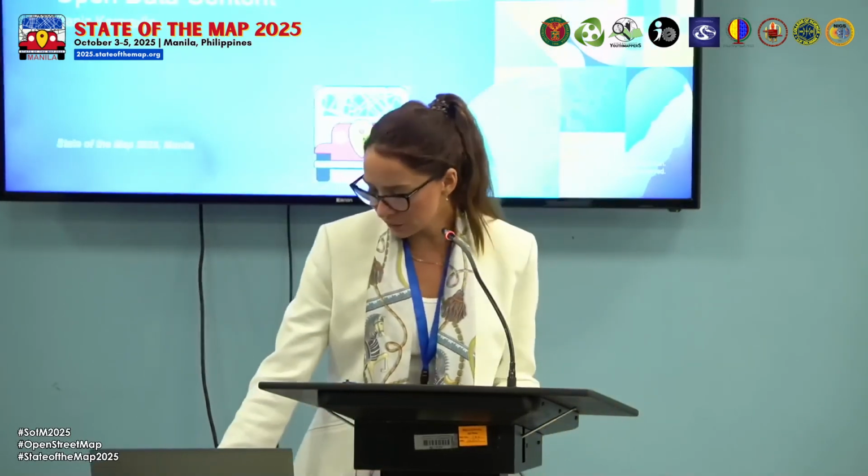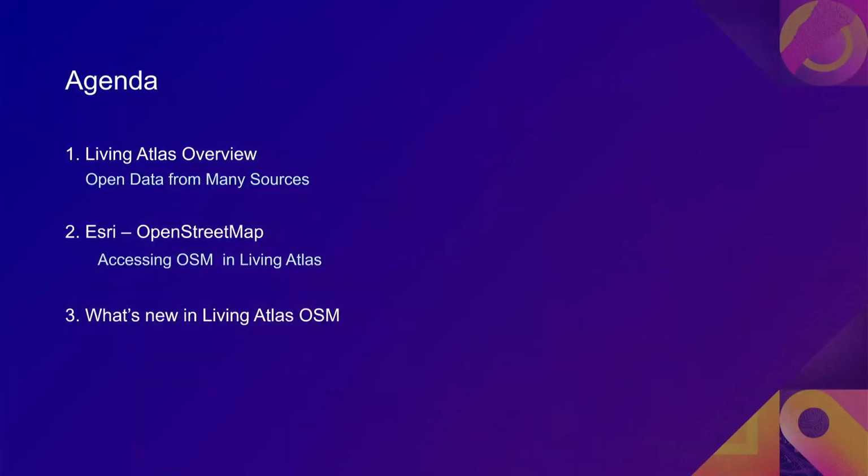Hello, everyone. My name is Deniz. I'm a principal GIS engineer at the Living Atlas team at Esri. Today I'm going to talk about three topics. First, I'm going to give an overview of Living Atlas, because we have many datasets coming from a lot of resources and they're open to a lot of people.